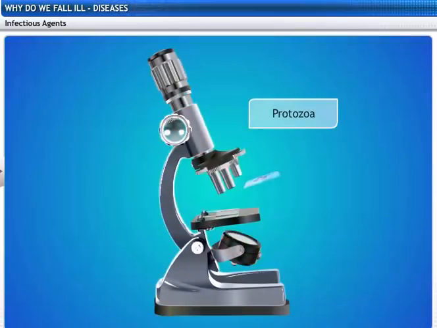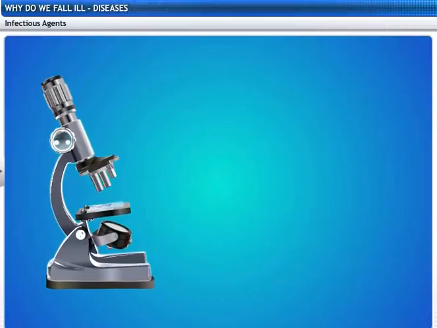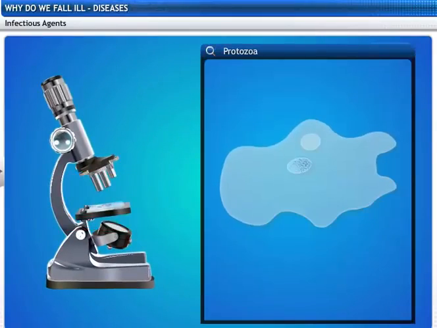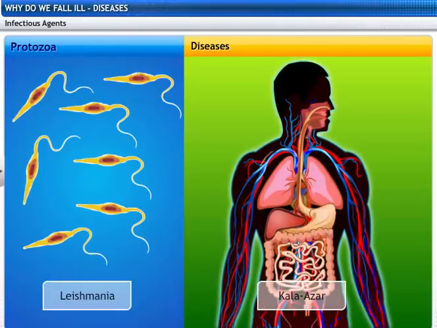Protozoa are parasitic organisms that can be seen only under the microscope. Protozoan organisms like Leishmania cause kala-azar disease, manifested with fever and enlargement of the liver.